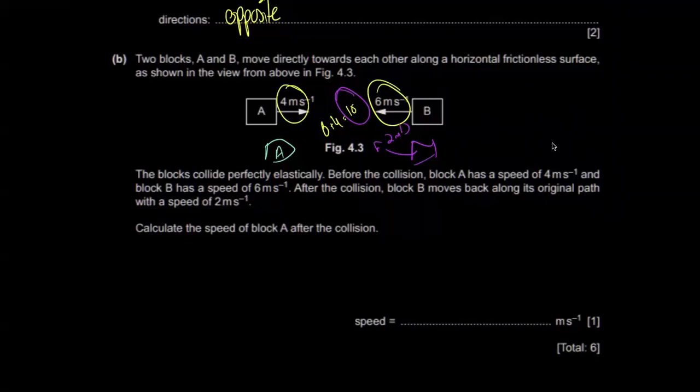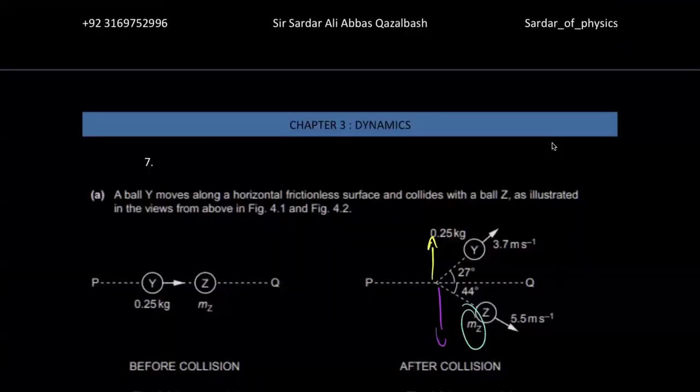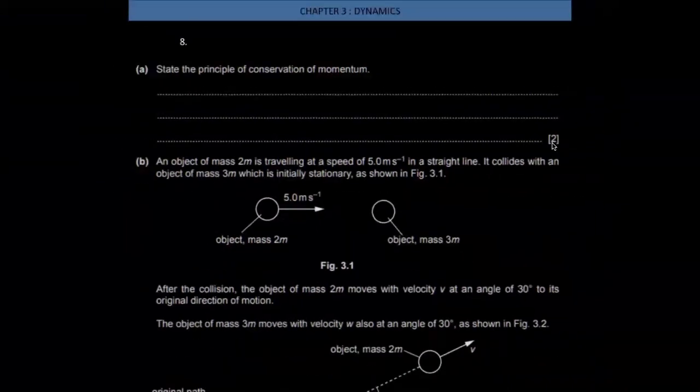Oh, sorry, moves back along its original path means it is coming back in this direction. See guys, it was a small thing. I missed this. This is going to be 2 meters per second in this direction. So of course the other one will go in the other direction at 8 meters per second. So we just need 8 meters per second as the speed. It was a very small thing. I missed it, and so could you, so just make sure of this, it's simple.